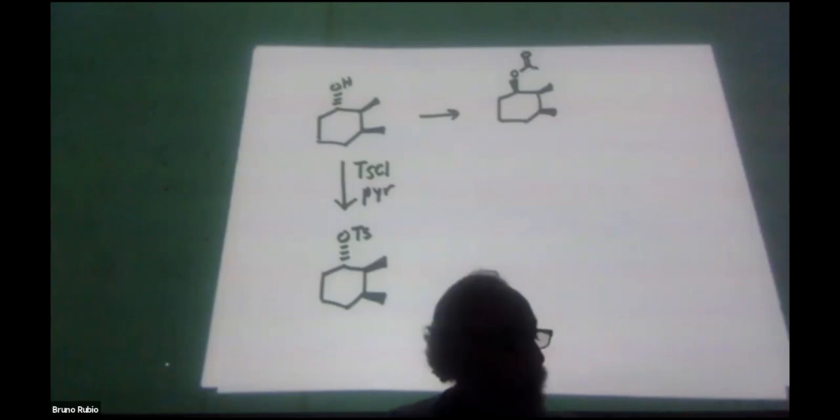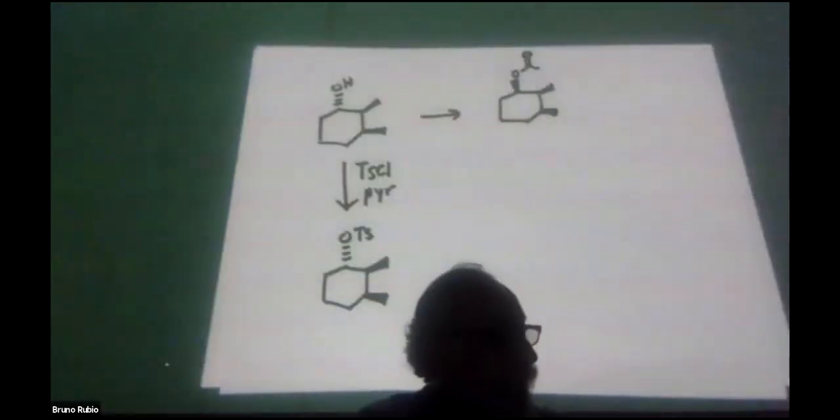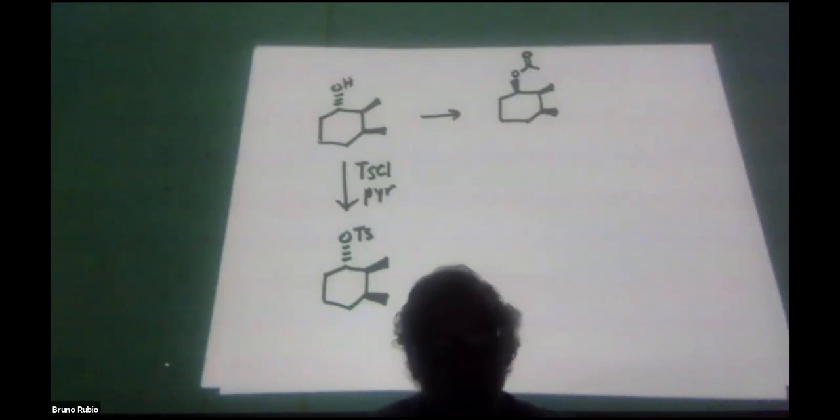Dash stays dash in this tosylation, because when you look at the tosylation mechanism, the carbon that bears the OH group never got involved. I don't see this carbon right here getting involved in any of these steps. It did nothing. All of the action was with the oxygen atom.